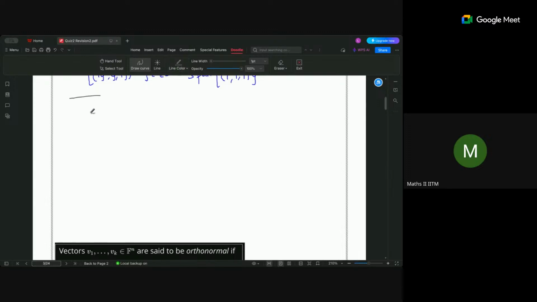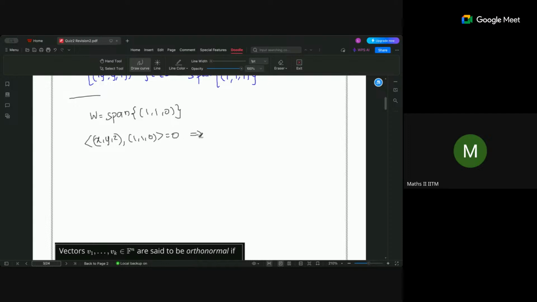suppose you want to find, let us say W is equal to span of, for example, a very simple case, (1, 0, 0), or maybe not so trivial, maybe (1, 1, 0) I'll take, just for you to understand. Then what will you do? You take the inner product of (x, y, z) with (1, 1, 0) and equate it to 0.